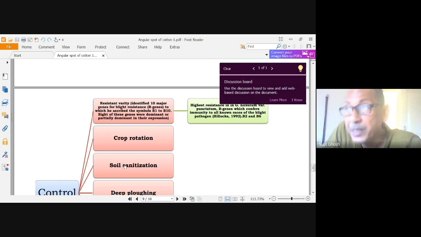So immunity to this disease is observed in different varieties and in different degrees.